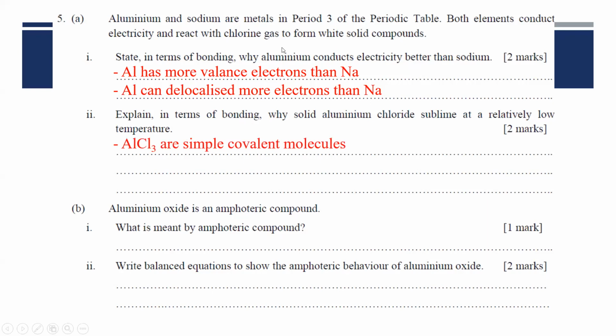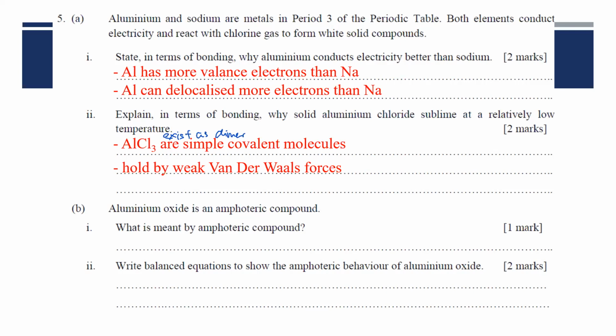If possible, say that aluminium chloride exists as a dimer, a simple covalent molecule held by weak van der Waals forces. Okay, so just write. You never know where the marks are located. So these are just suggested answers to the questions. But as a student, you should be extra careful to write more than you expected.